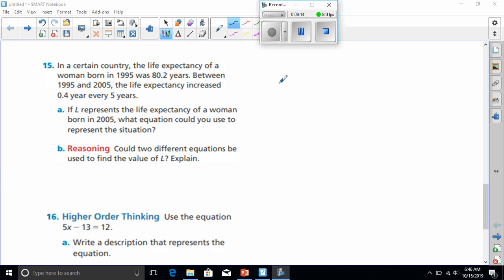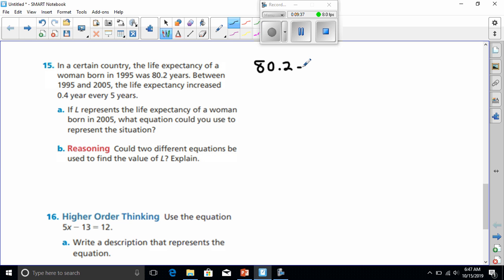This one sounds tricky, but let's break it down step by step here. It says, first of all, in 1995, the life expectancy of a woman born was 80.2. Okay. I don't need to put it, it already says it there.